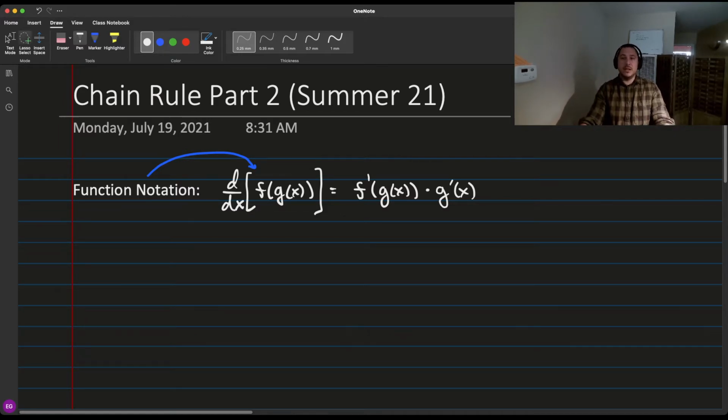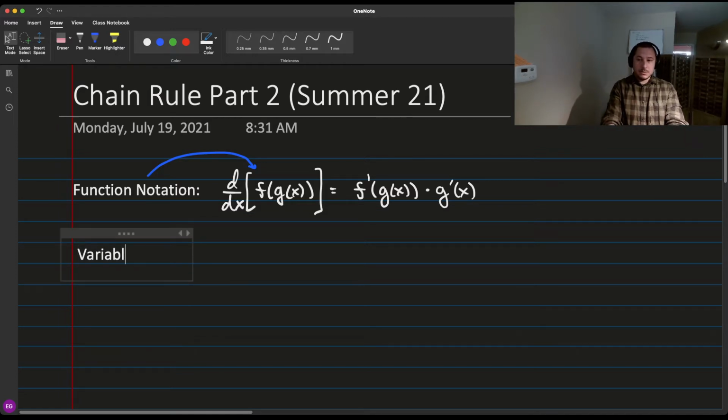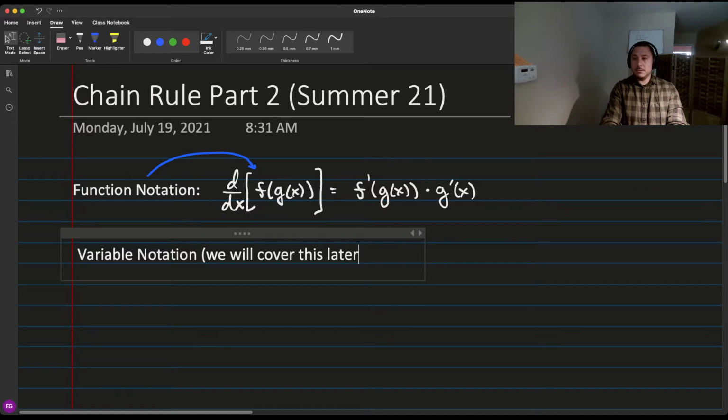Eventually we're going to talk about another way to write this, which will use variable notation. We'll cover that in a little bit. But first, what we're going to do is extend the chain rule.